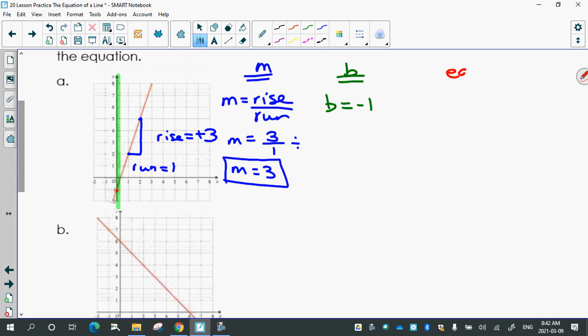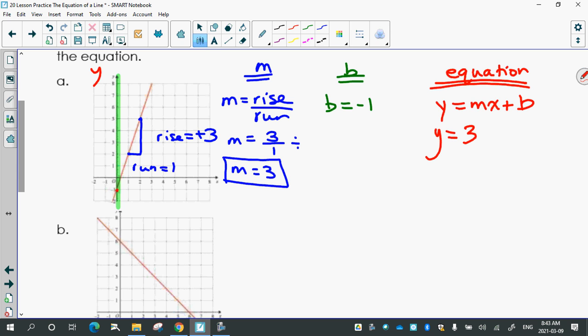Now we need our equation. So it's always going to have this format. We might have to change things, but in this case, it is the y-axis, so y stays. Slope is a number, the number 3 in this case. It is the x-axis, so x stays.